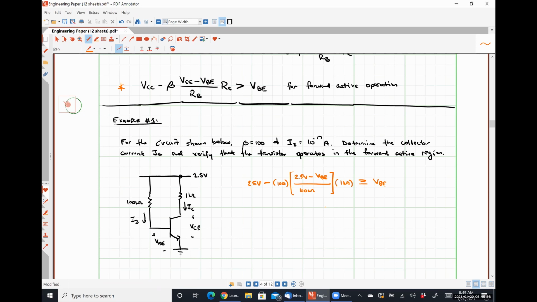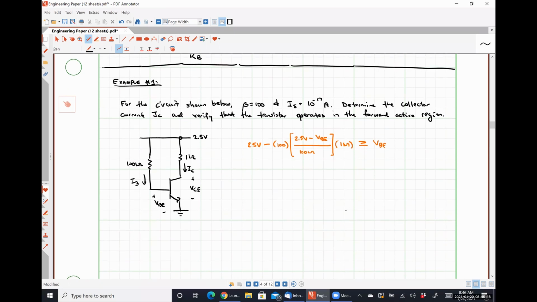Purely because the numbers make this ambiguous, we can't use the equation solver on our calculator. We are going to have to take an initial guess at what value VBE might have based on our experience, and then iterate upon that.